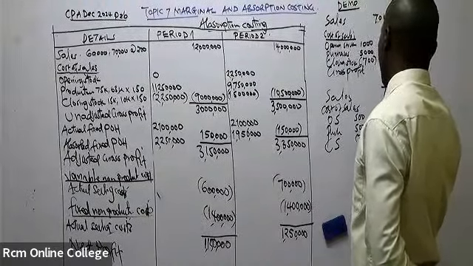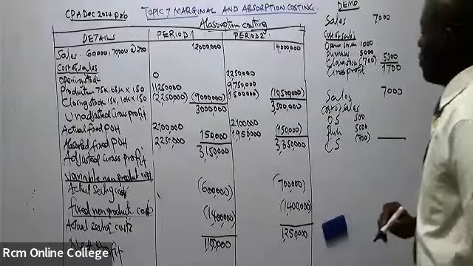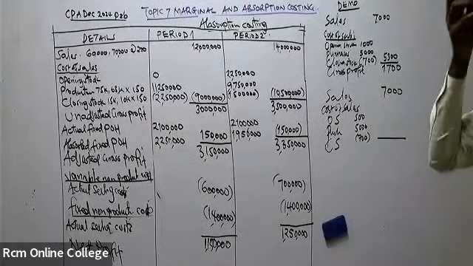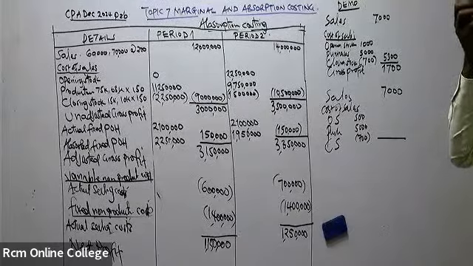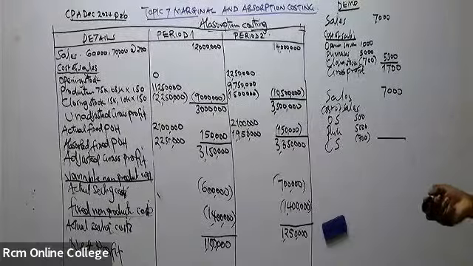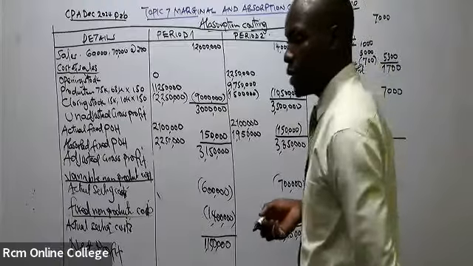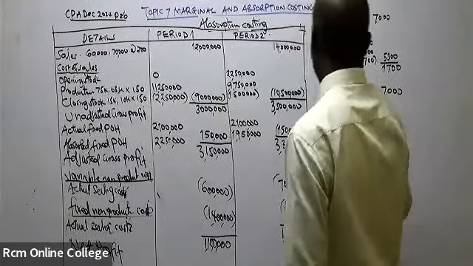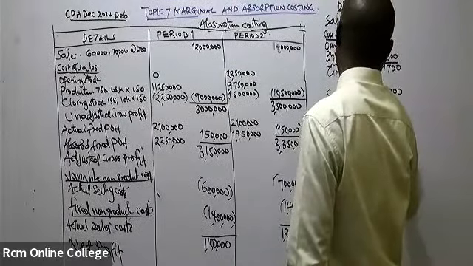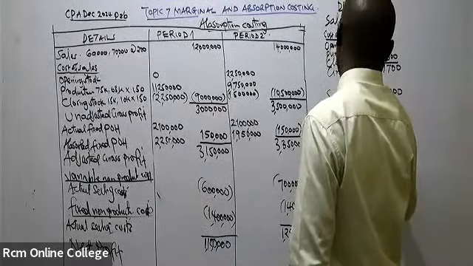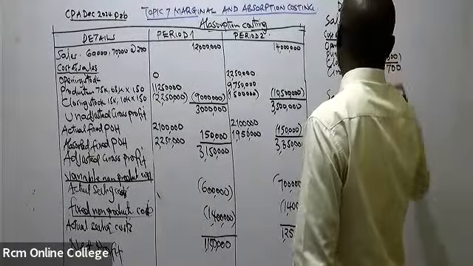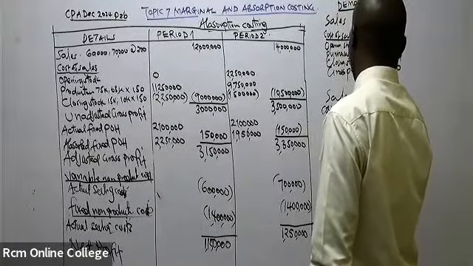Let us not interfere with the closing stock. What will be your cost of sales? 4,800. Yes, 4,800. Good. So what is your gross profit?